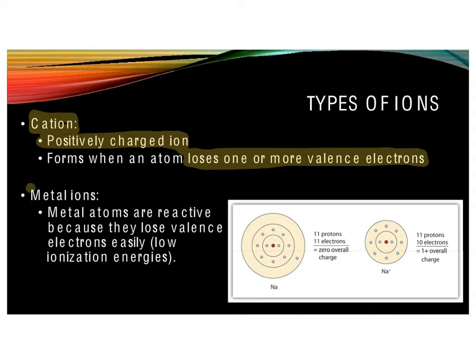So metals are reactive because they lose valence electrons easily. And they lose them easily because they have low ionization energies, because they are large. If we take a look at the little diagram here, we have sodium.